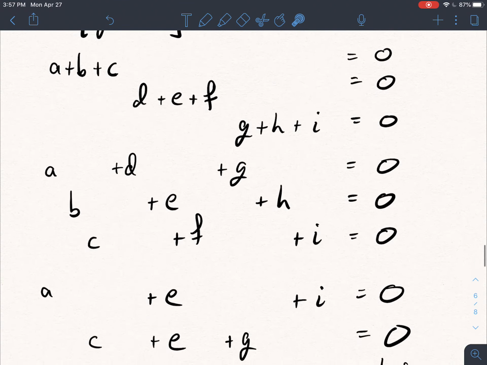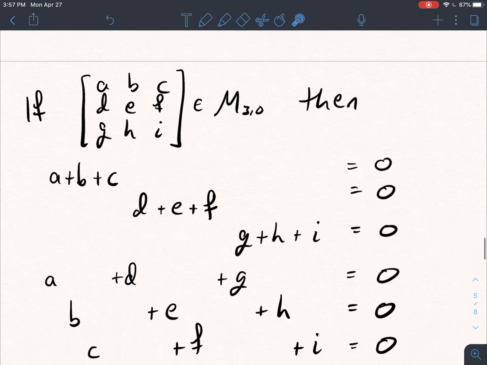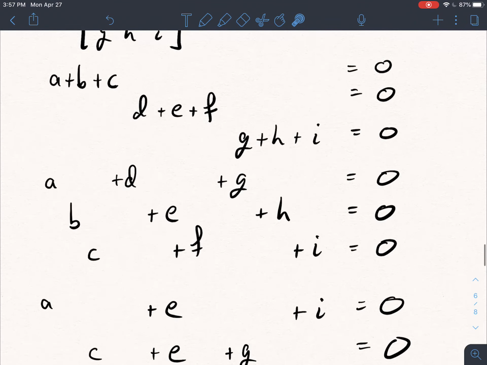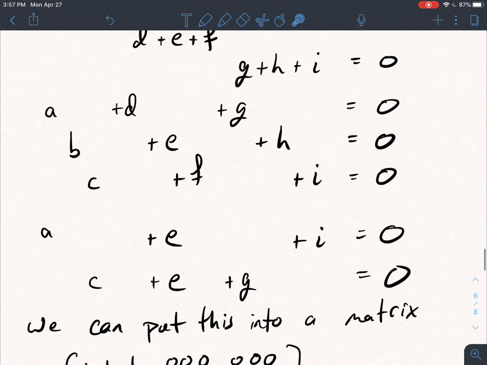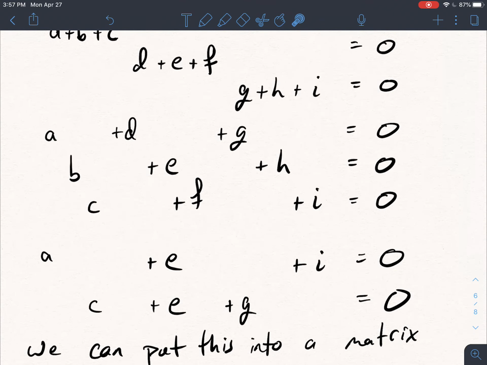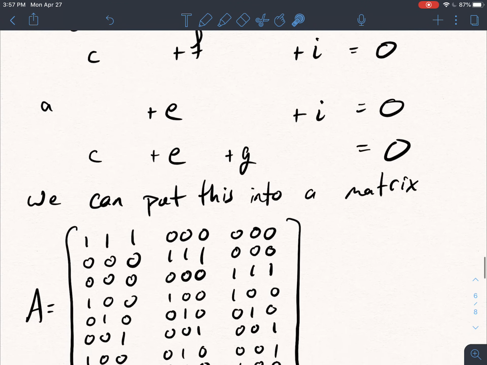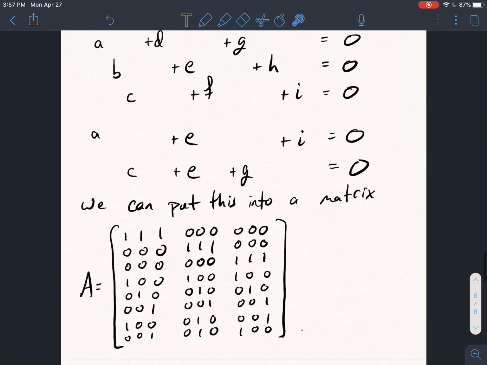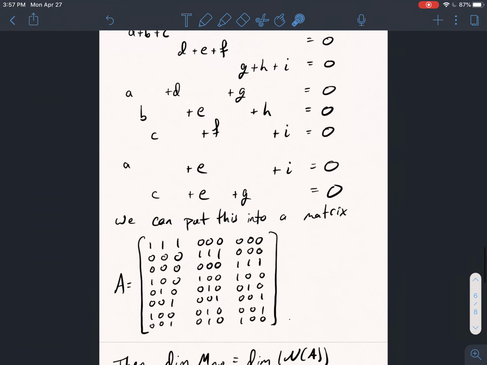I'm lining up all of the variables so that the f's are above the f's, because we're about to put this into a matrix. And then I have 2 more: the diagonals also have to add up to 0. So a plus e plus i and c plus e plus g. All of these have to add up to 0.